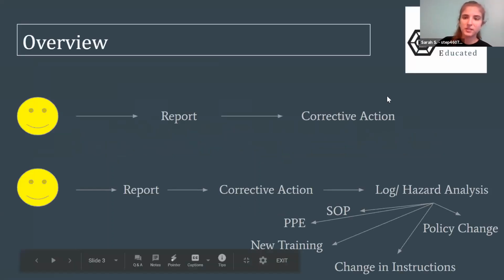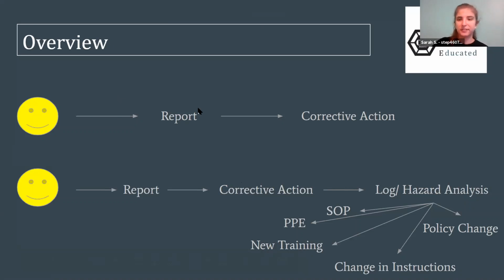So this is just an overview of how this works. We're going to pretend that little smiley face guy got hurt. He cut himself with a knife because he didn't know how to use it. The usual course of action is the little smiley face guy will come to us, we'll do first aid, and we'll do a report.